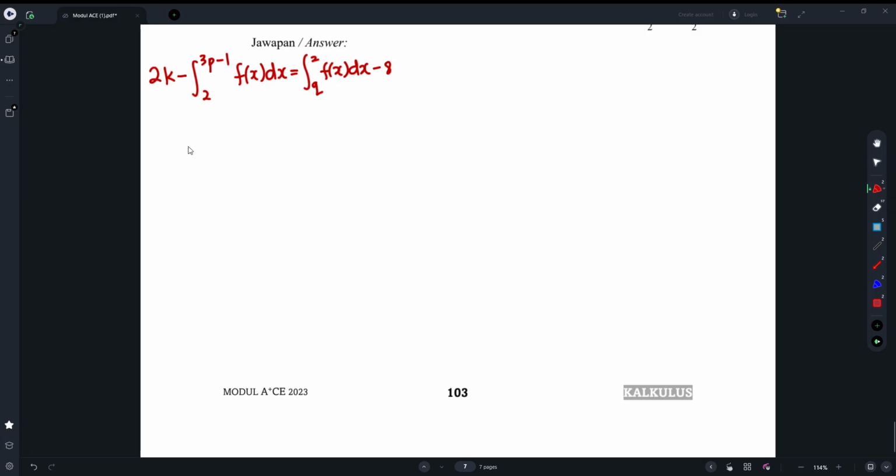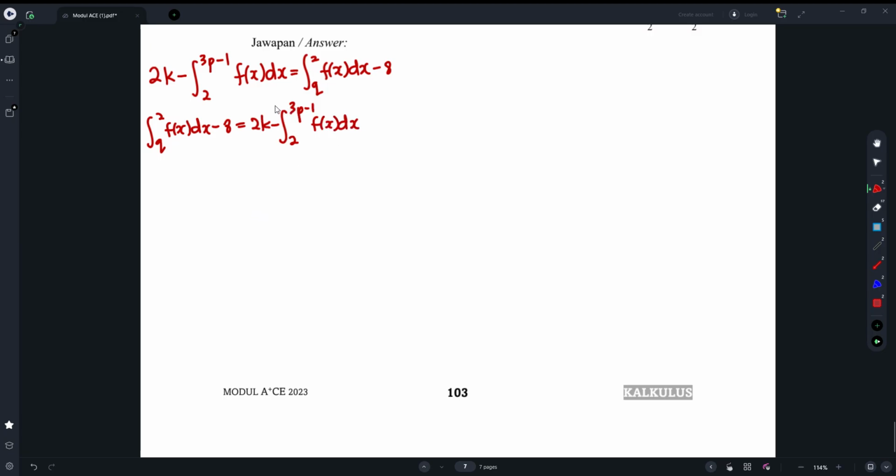Okay, so this is the equation that we have. So what I'm going to do, I'm going to rewrite it as the integral from q to 2 of f(x) dx minus 8 is equivalent to 2k minus the integral from 2 to 3p minus 1 of f(x) dx.